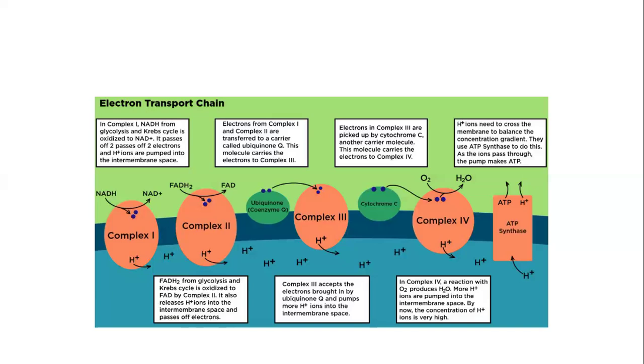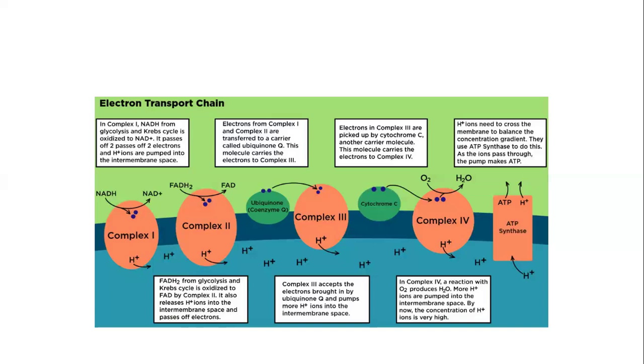Remember when we started, we said we have two high energy molecules that we are bringing here, NADH and FADH2. What succinate dehydrogenase does is it accepts the electrons coming from FADH2, and you produce FAD.